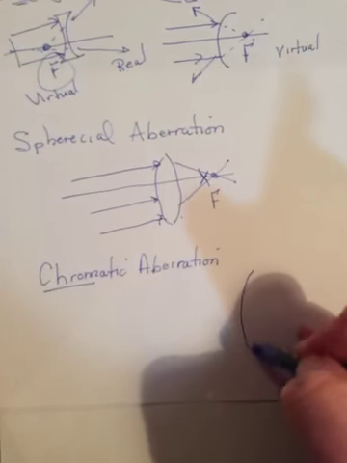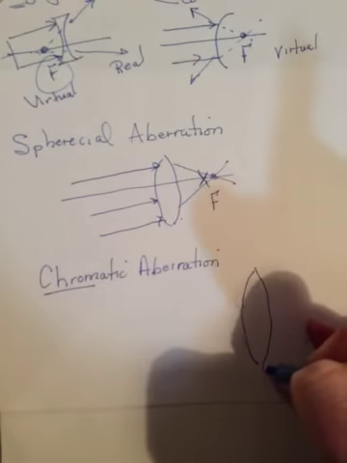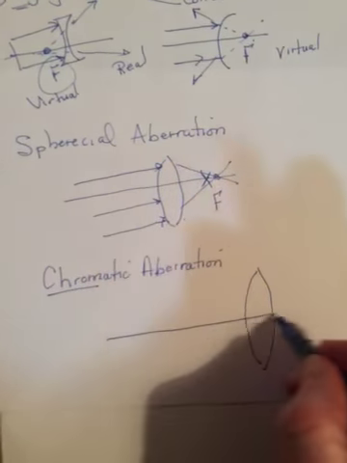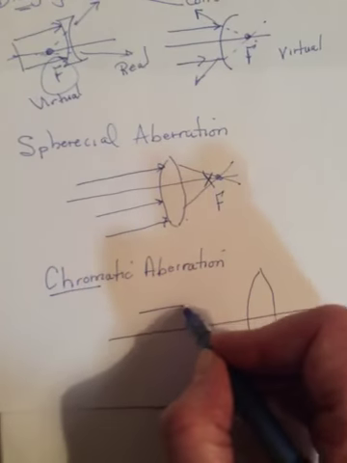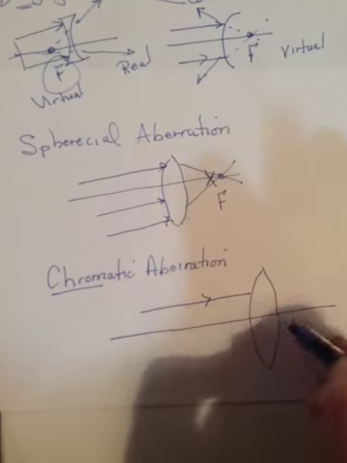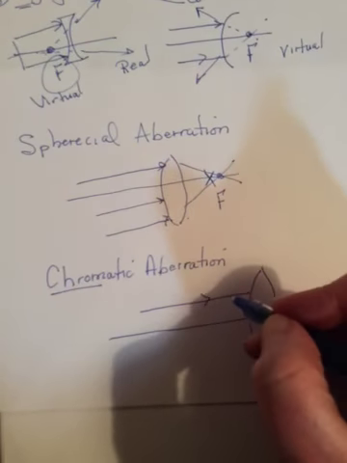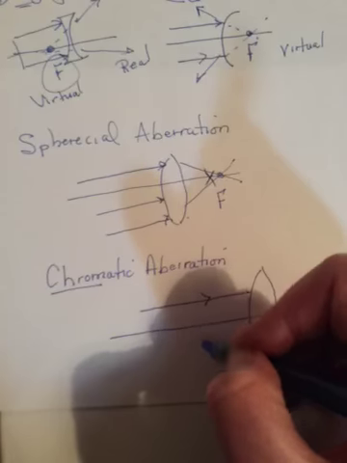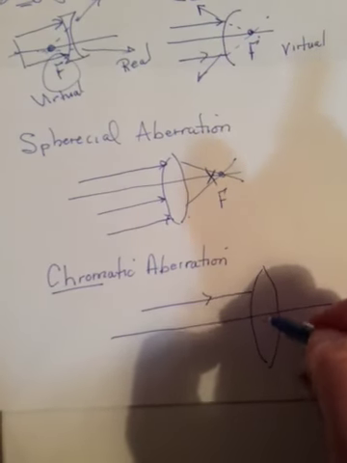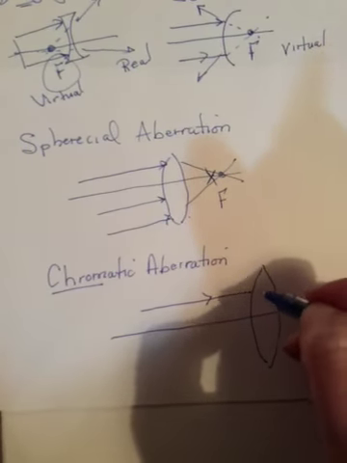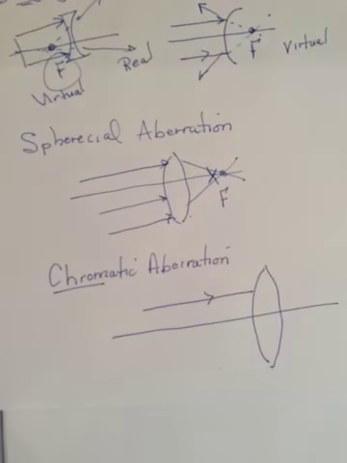So chromatic aberration results from when a white light ray, and most of our light is white, strikes a lens which is made of glass or plastic. All of the colors travel the same speed in air, but when they enter the glass or plastic, they all travel at different speeds.